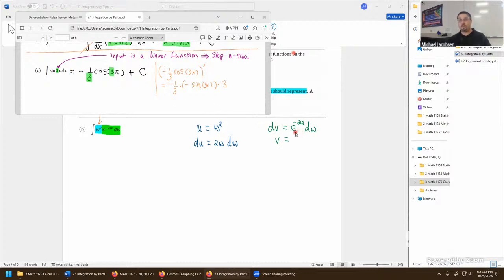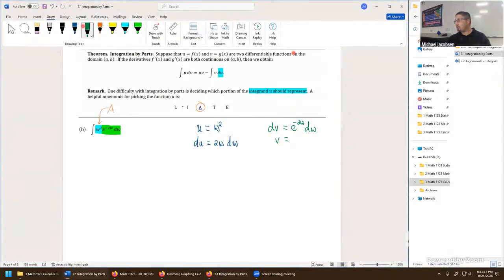Same idea on this one. If you want an antiderivative of a base e exponential, you can start off by saying, let me add a little bit more space first, and then the base e exponential. If the input is negative 2w, just take that negative 2 and divide by it.